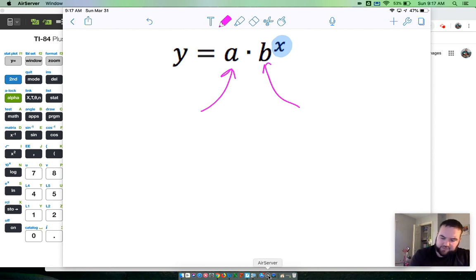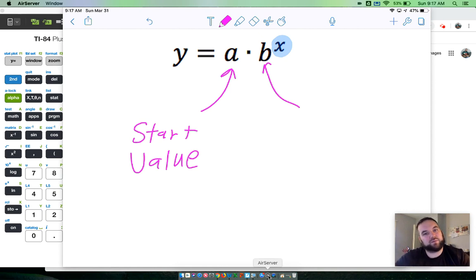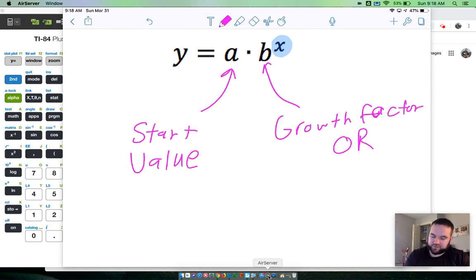But a and b are what we're going to replace with numbers. The a value is sometimes called the starting value. You'll see other names for it, but we're going to refer to a as the start value of the function. So where are we starting out at? And then b is what's called the growth factor, or the decay factor.